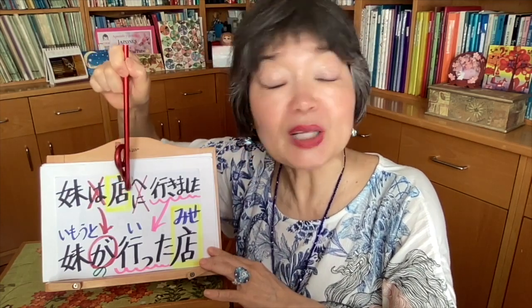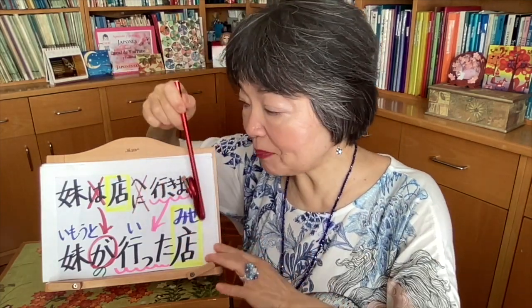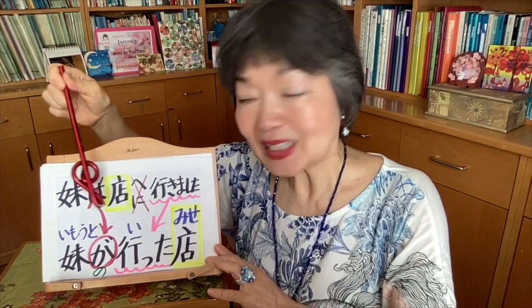So this is not only the particle を as I told you, any particles that is together with this noun, the noun that we're going to decorate, so we must cancel these particles, okay? So only 店, this is the noun that I'm going to decorate, so this is going to be at the end.